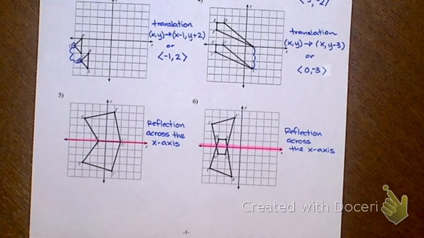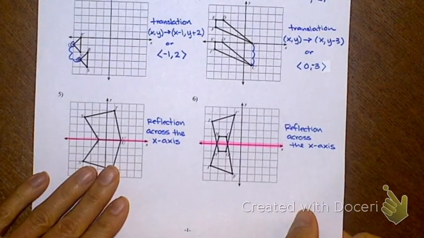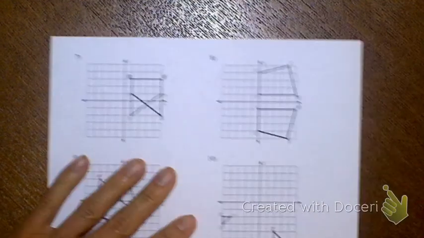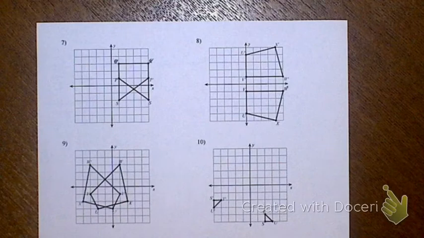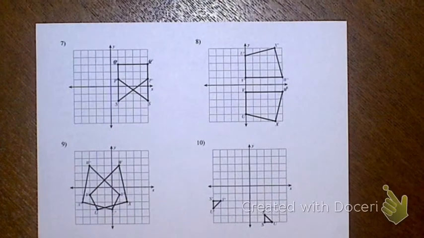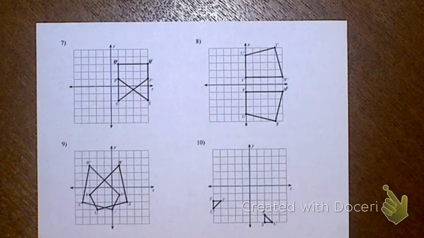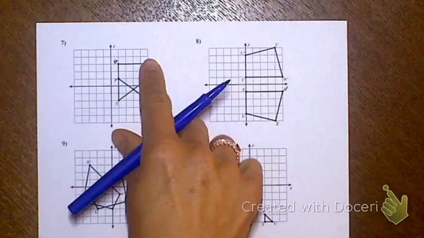All right. Okay, let's flip over to the back. So this one, it's kind of hard to see where your image and your pre-image are because some of the points are overlapping.